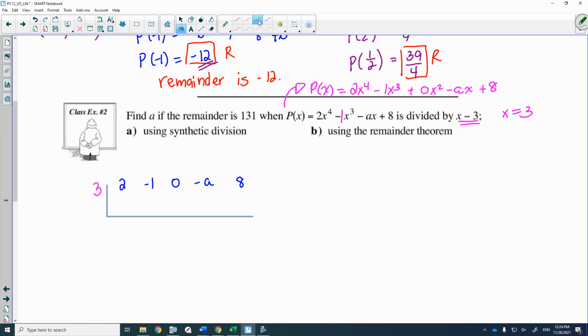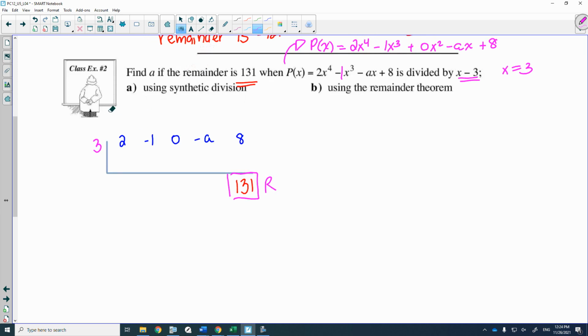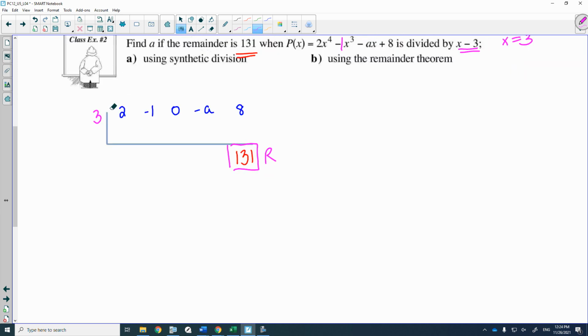And then don't forget, it tells us the remainder. So it says the remainder is 131. That would always go here, because this always gives us our remainder. Okay, let's carry out the synthetic division. We'll be able to calculate what our missing value of a is. Drop that first term, which is a 2. 2 times 3 is 6.